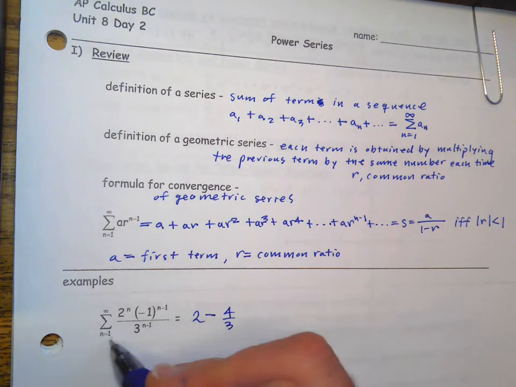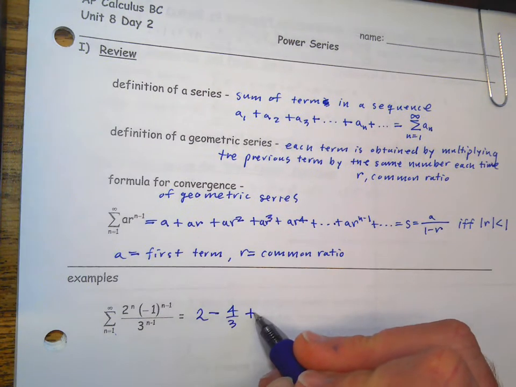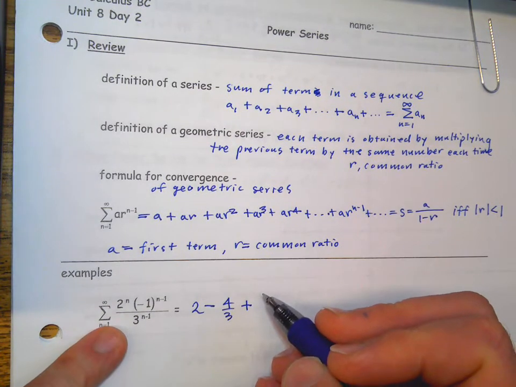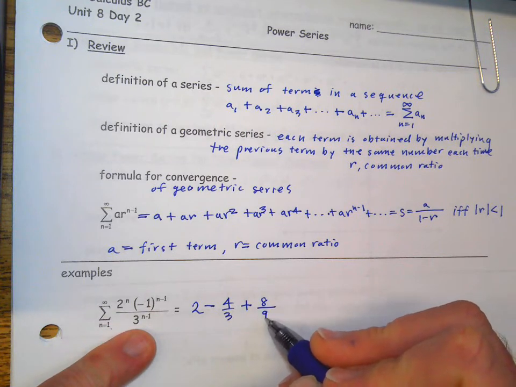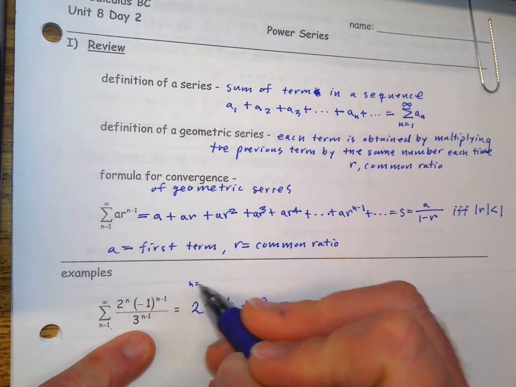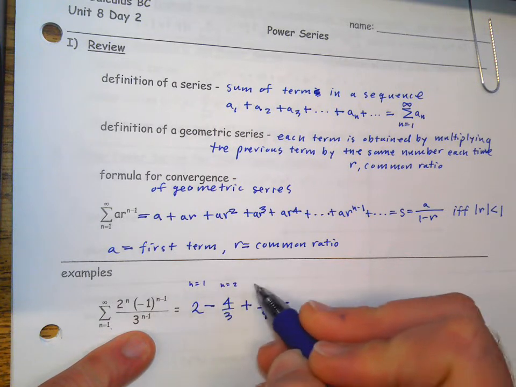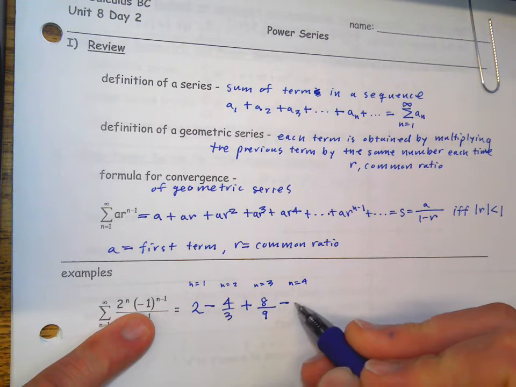The next term, n equals 3, this negative is going to be raised to an even power, so it's going to be positive. And 2 to the third is 8, and 3 to the second is 9.